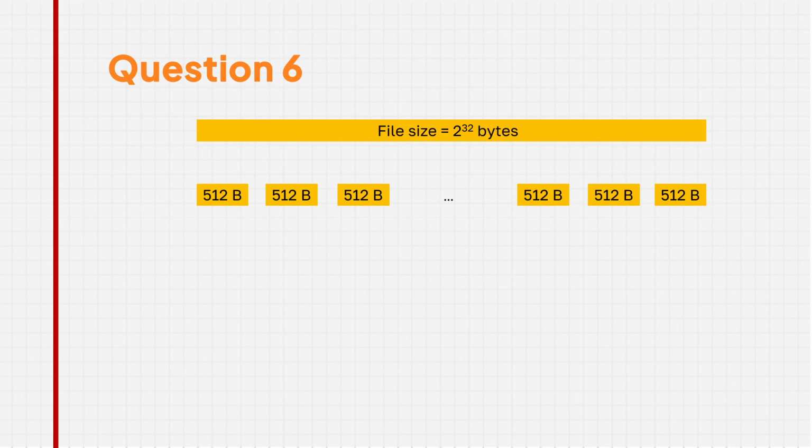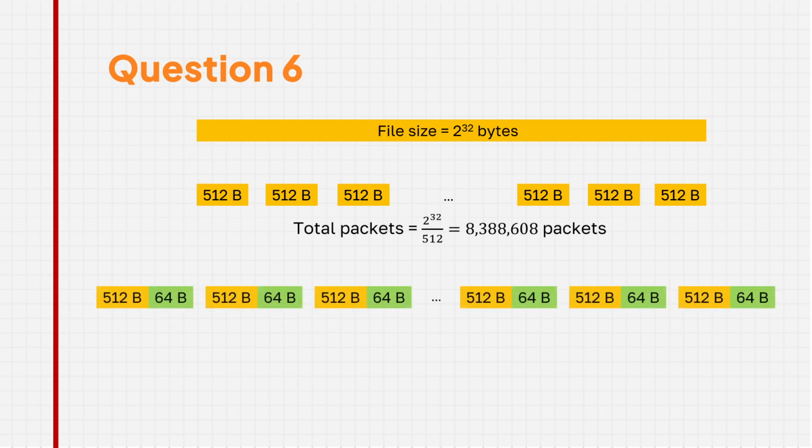Each of the packets will have to be added with the headers, which include your TCP header, IP header, and all those. So the additional overhead is your 64 bytes. Thus, the number of packets is 8 million packets. You multiply this by 64 bytes. This is the additional data overhead.